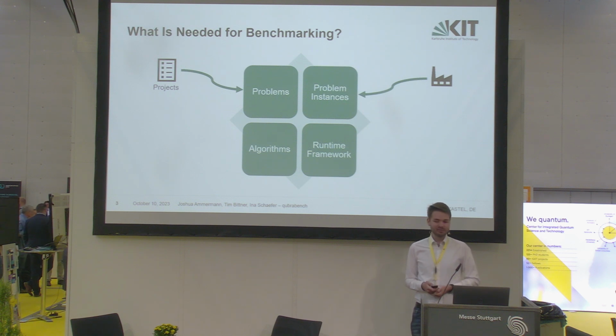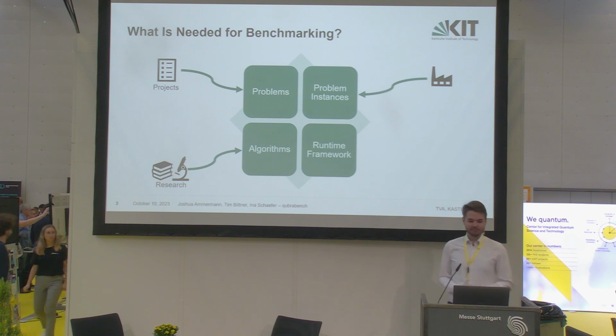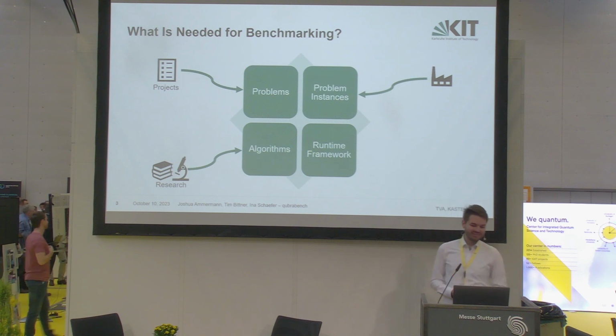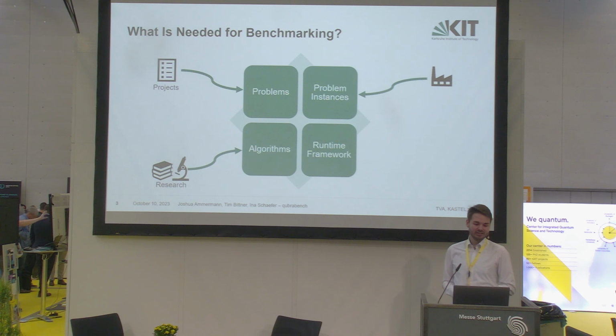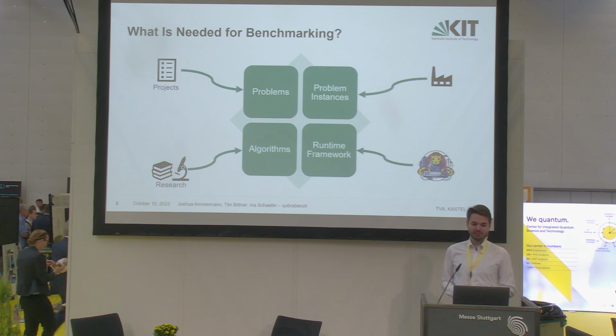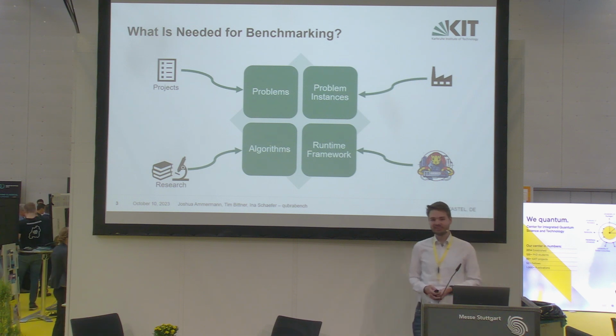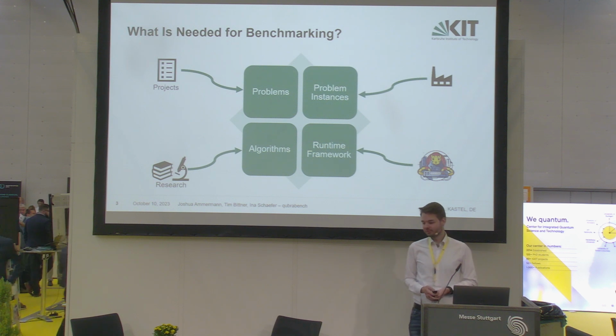They have problems that need to be solved, although they might be toned down a bit for the current state of quantum computing. And then there are algorithms, which usually come from researchers working their butt off to find new ways to solve these problems with the new resources that quantum provides us. And then at last, which is usually missing, we actually need a runtime framework, something that puts all these things together and makes us able to derive meaningful statements.